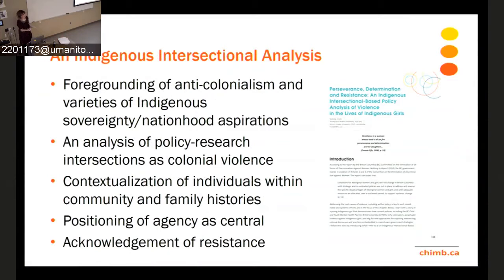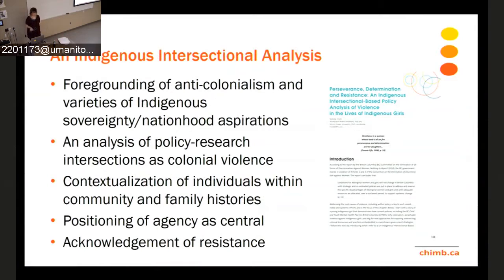And though this challenges conventional intersectional scholarship, it's been written that until Canada and Canadian policy actually starts to address the root causes of violence that are embedded both at the discursive and the structural levels of society, there's a need to ensure approaches expose those intersecting colonial discourses and practices that continue to be reproduced and reconstituted. So examining the role of colonization, both past and present, in all of our policy systems.